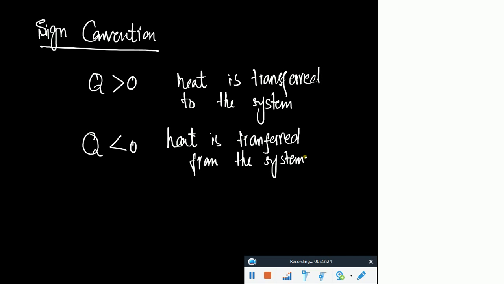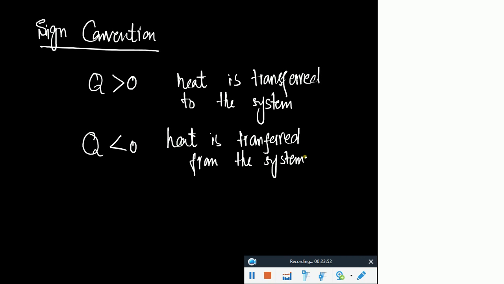Okay. So now just look at this definition and tell me, there is something which is kind of contradictory with our definition for work. You remember that if you do some work on the system, and I gave you a reading assignment on that, it should be negative. And obviously if heat is transferred to the system, finally it would be doing some kind of work on the system, isn't it?